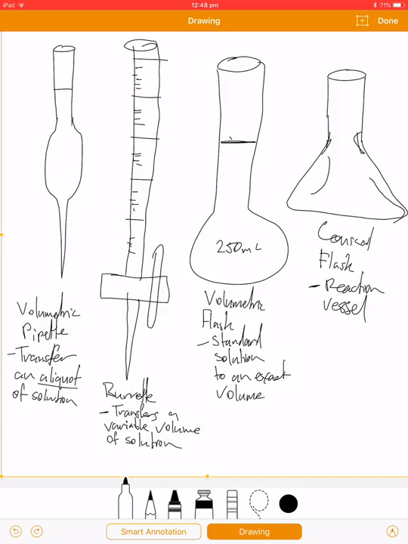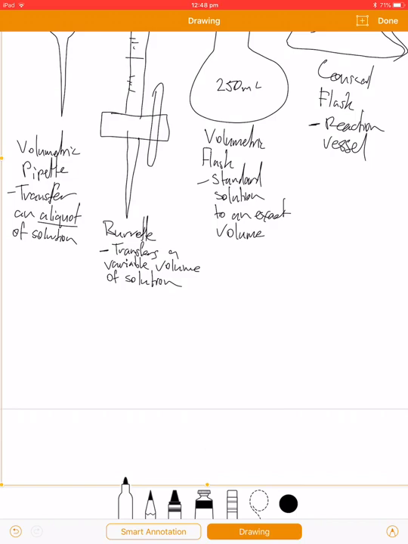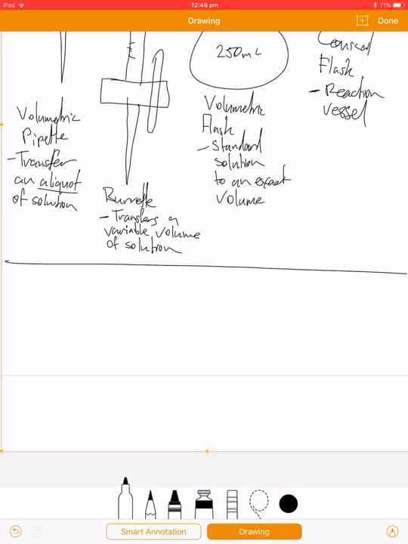So you need to obviously know how you're going to prepare each piece of glassware. So to prepare the volumetric pipettes, maybe just pause here and just write down how you prepare each piece of glassware and resume once you've got an answer for each one.